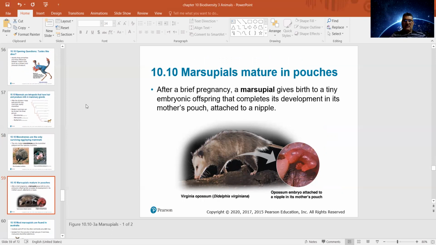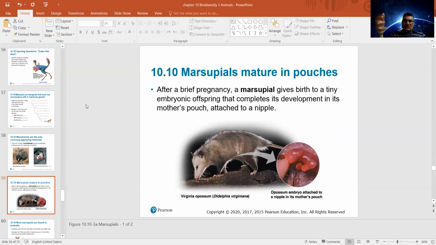The next, a little bit more advanced type of mammals, are the marsupials. Marsupials mature in a pouch. Marsupial means pouch. There is a little bit of pregnancy, but these marsupials give birth to an embryo that's still not ready yet.